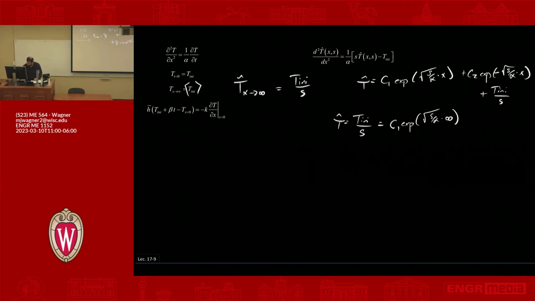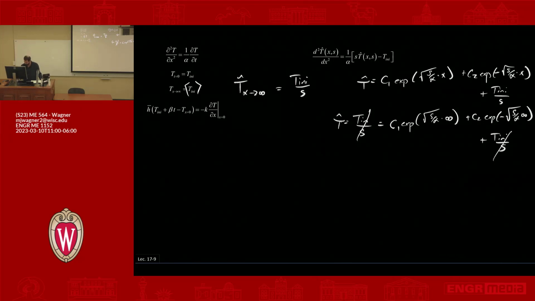And then same thing, plus C2 exponential of minus square root of S over alpha times infinity plus T initial over S.